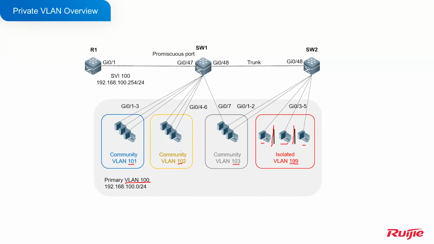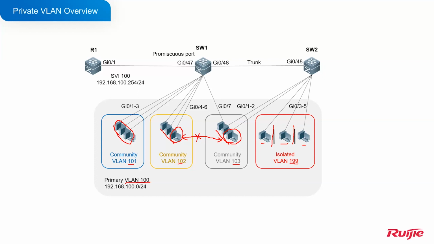At the same time, the PCs in the same community VLAN, for example these three PCs, are allowed to communicate with each other at layer 2. They are not isolated. But the PC in community VLAN 102 and the PC in community VLAN 103, the communication between these two PCs is not allowed.